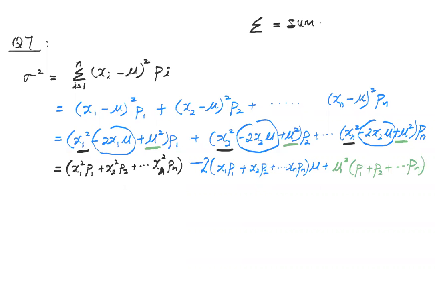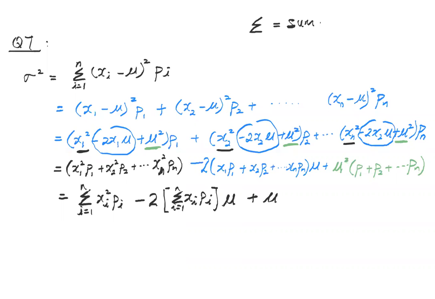Okay, now all these pluses, I can simplify as the sum of i equals 1 to n of xi squared pi, take away 2 times the sum of xi pi, i equals 1 to n, times the mean, plus mean squared times the sum of pi, i equals 1 to n.